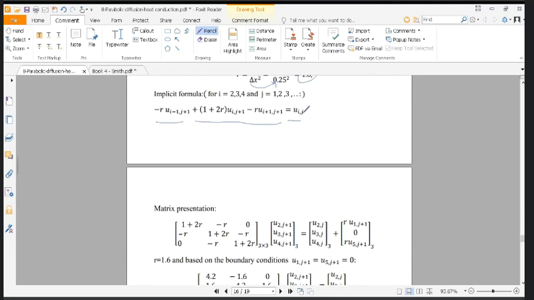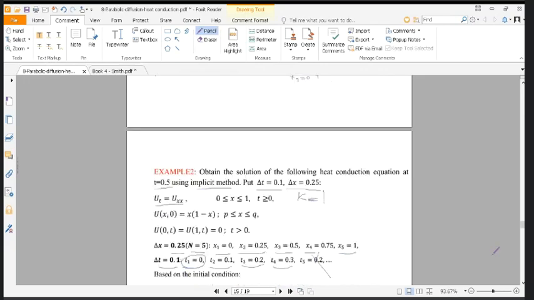When you write this formula, for example, j equal 1, and then 2, and then 3, but for i equal 2, we have 5 points for i. First, n is for boundary, and we should write this formula only for i equal 2, 3, and 4.